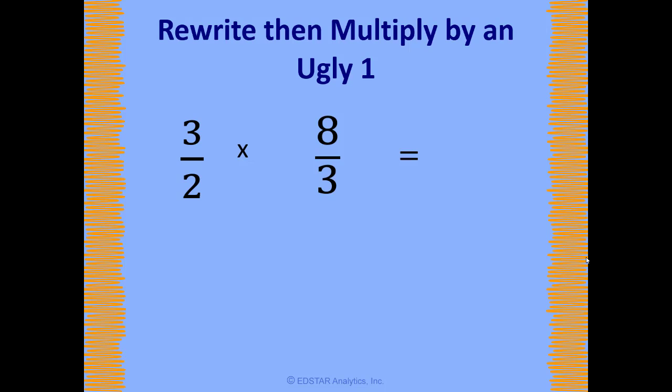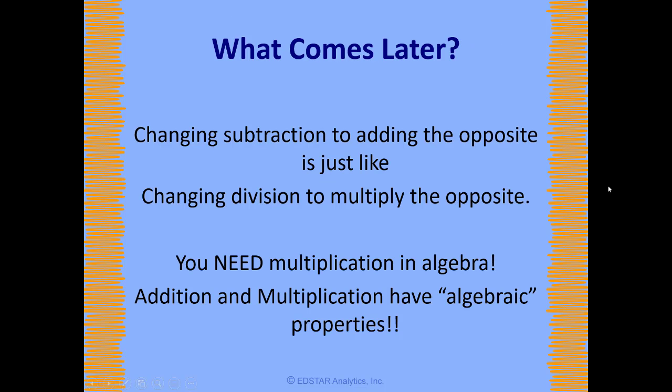And the reason why this way will make math easier for you in the future is because of what comes later. When you learn how to add and subtract with negative numbers, you change subtraction the same way you do with fractions. You can change subtraction to adding and then make the second number the opposite of what it was.